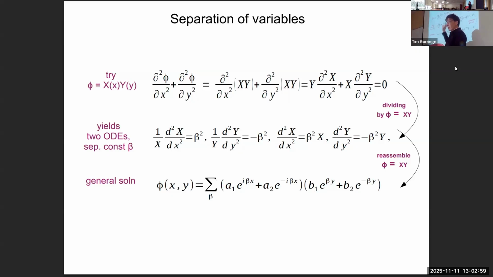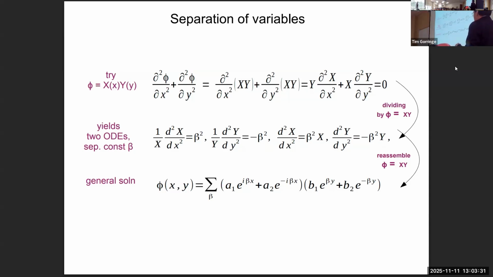That's the only way that the sum of these two terms could add up to 0 for every x, y coordinate. And so that becomes the separation of variables. That first term is equal to some constant, and the second term is equal to negative that constant. And these are now our two differential equations.